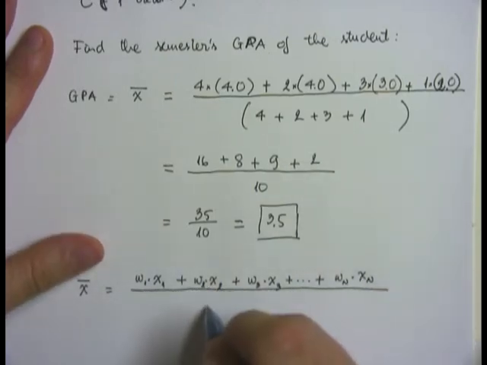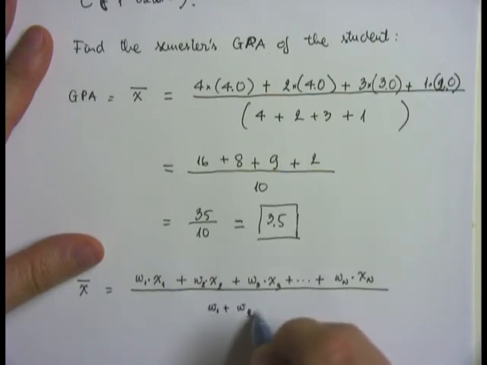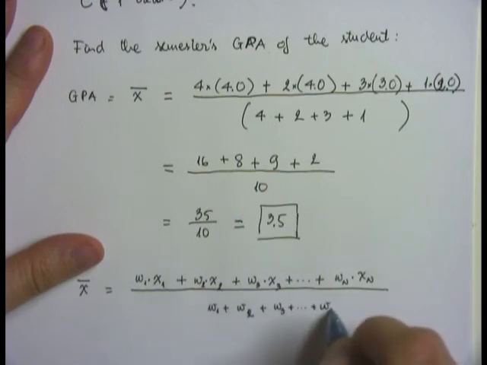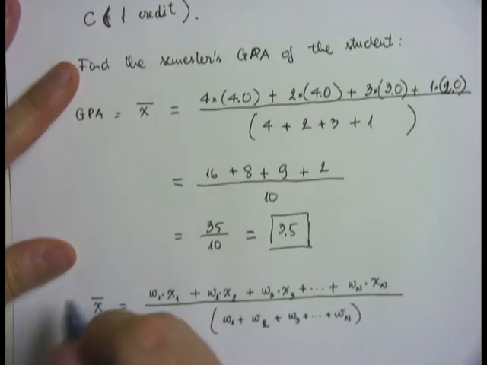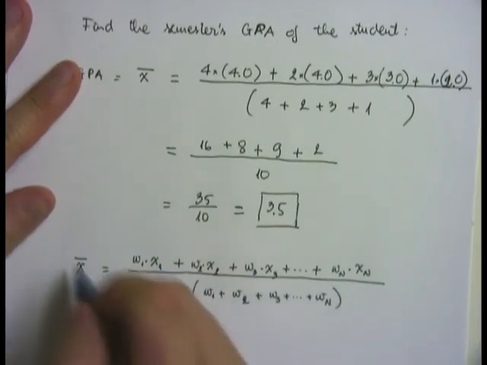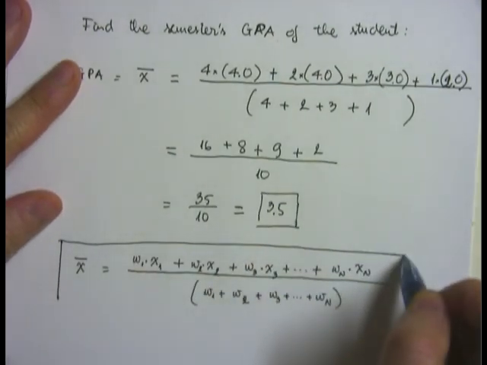And we divide by the total of all the weights added together. And that's how we find the weighted mean. It's the general formula for finding a weighted mean.